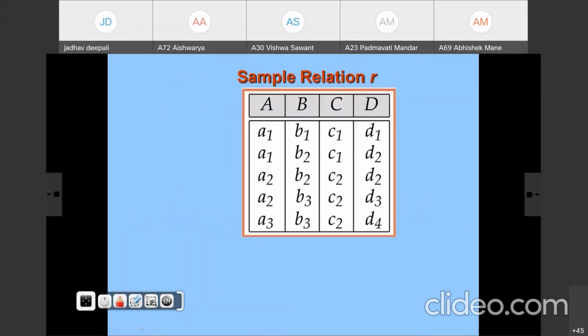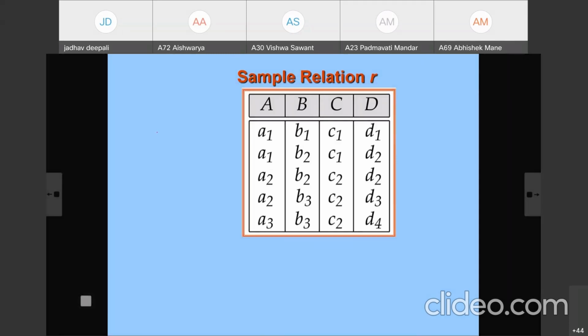Now we see some more difficult example. A, B, C, D, 4 attributes are there. Now we start with the simple single attribute. Multiple attributes also we can combine and check the functional dependency. Why?